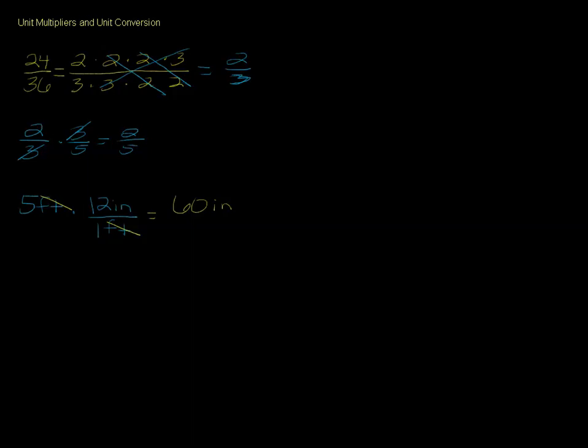Now, you'll get used to this part without knowing that, but that's what we're going to be doing: using unit multipliers. When we talk about unit multipliers, if they ask for the unit multipliers, so 12 inches is 1 foot. That's a unit multiplier. Or 1 foot is 12 inches.